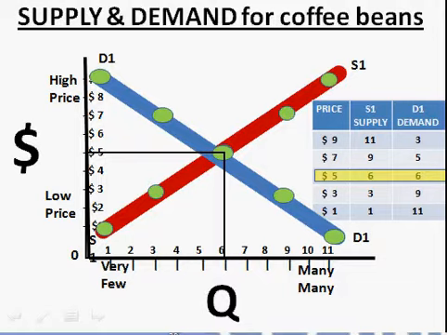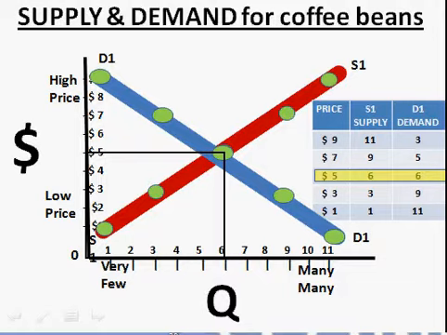Every supplier who is willing to supply coffee at $5 a pound will have every pound of coffee that they supply demanded by consumers who want to buy coffee at $5 a pound. Okay? And consumers will find a willing supplier willing to supply them with as much coffee as they want to buy at $5 a pound. So therefore the market is efficient at the equilibrium point, and the market will be cleared.